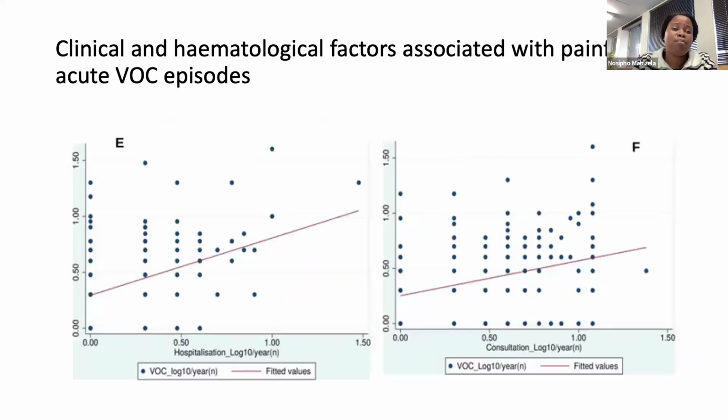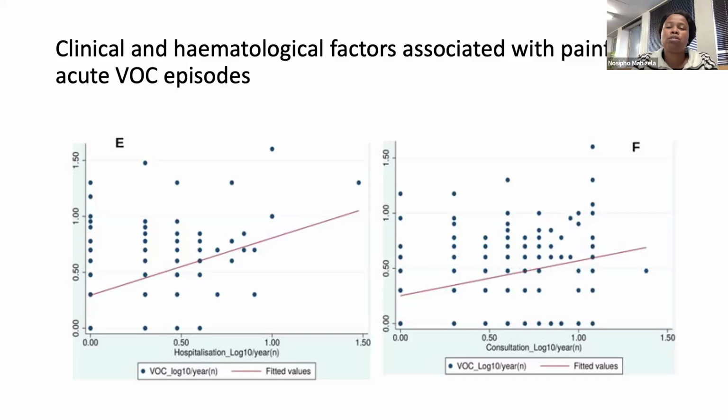And then for number of hospitalizations, remember the plan was to look at the genetics and the clinical predictors. We also looked at hospitalization to see whether there was any correlation with the number of VOC and consultation as well. We saw that there was a correlation.